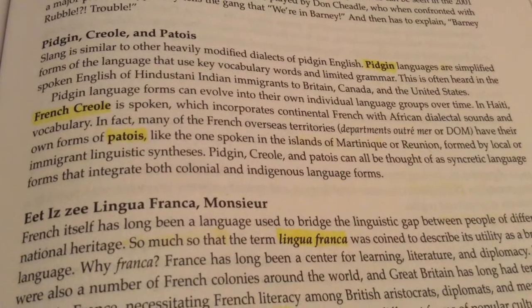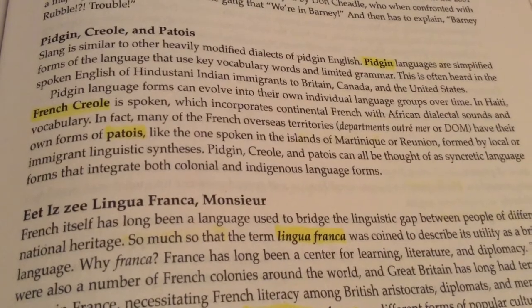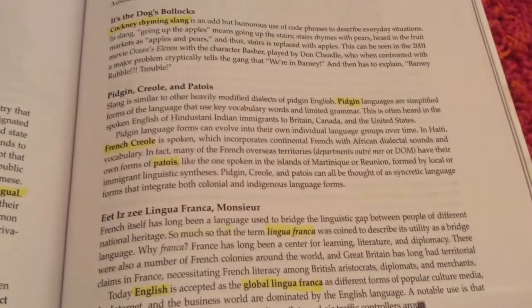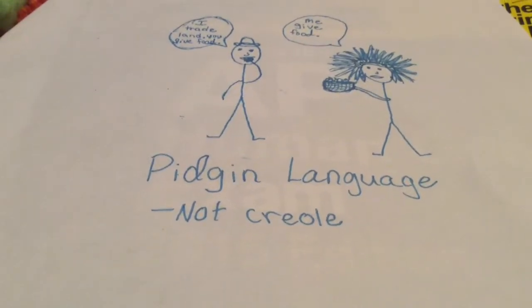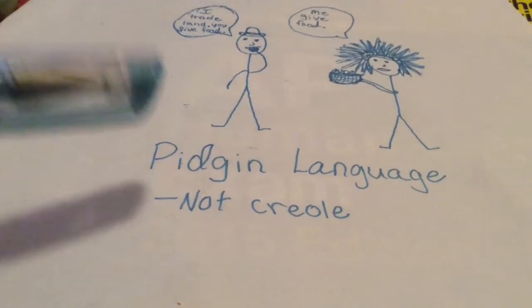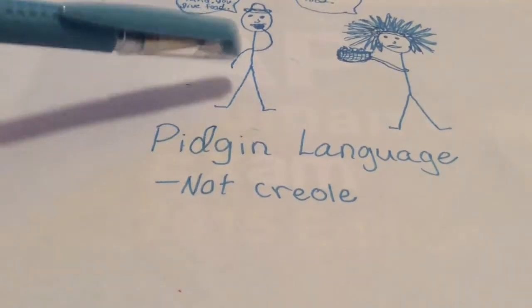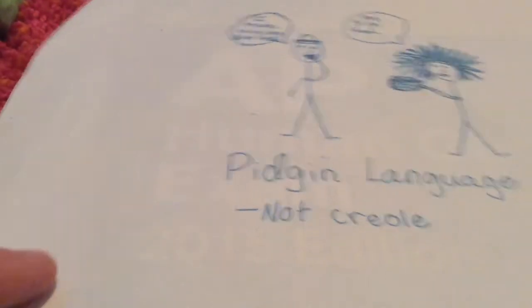To demonstrate this concept, I'll make a quick drawing. I'm not the best artist, so first of all, I would like to apologize in advance for my lack of artistic abilities. What I have drawn out here is a Native American chief with an Englishman, and as you can see, they are not speaking fluent or full English sentences, which is why this would be considered a pidgin language.